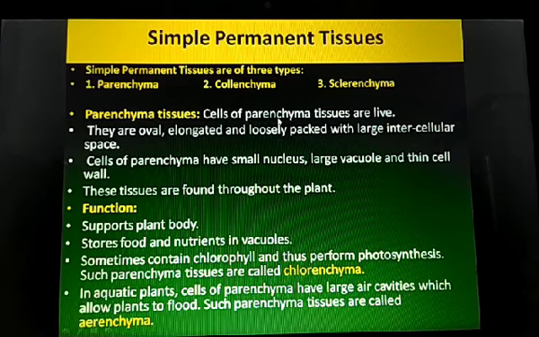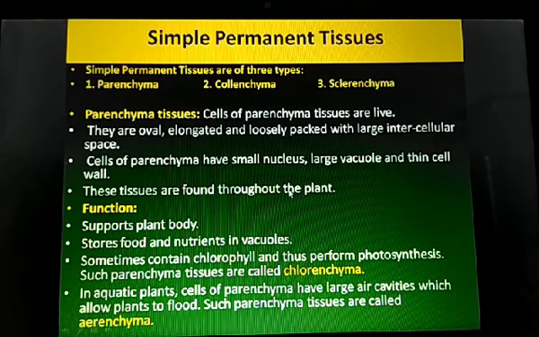Cells of parenchyma tissues are living cells, and they are oval, elongated, and loosely packed with large intercellular space. That means they have some space in between two cells. Cells of parenchyma have a small nucleus and large vacuole, and they have a thin cell wall.